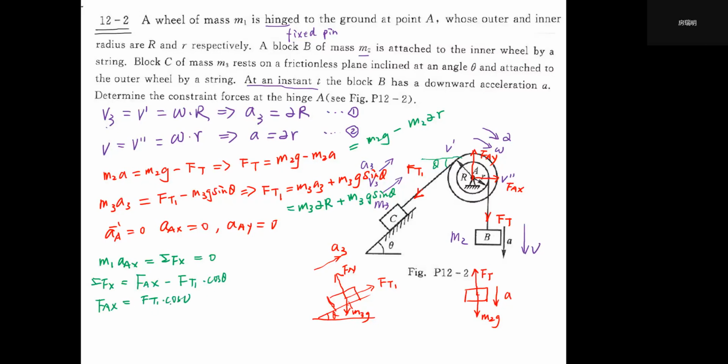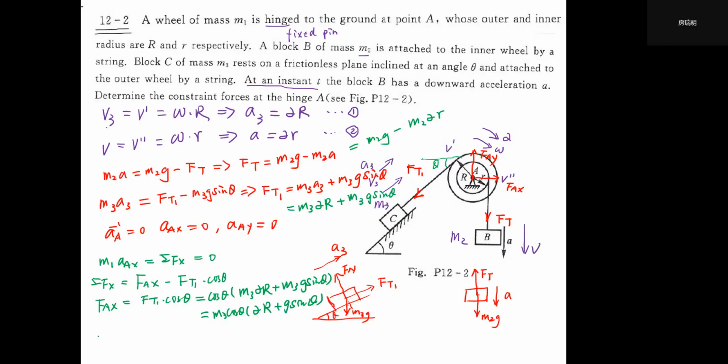So we can just replace Ft1 with this, right? Ft1 will be cosine theta times the brace m3 alpha R plus m3 g sine theta. So maybe I can write it as m3 cosine theta times alpha R plus g sine theta, right? So we only have one Fay.